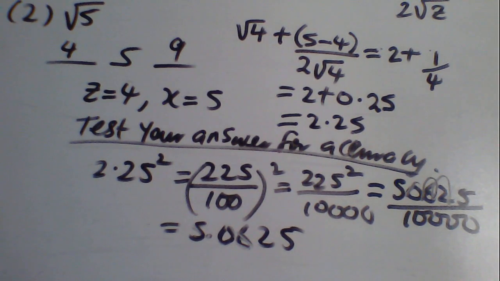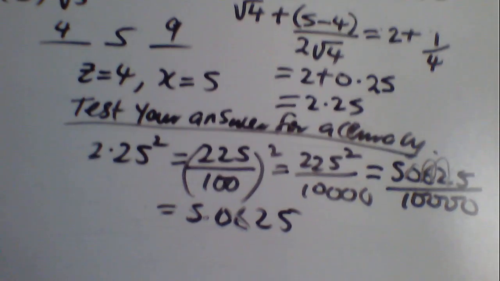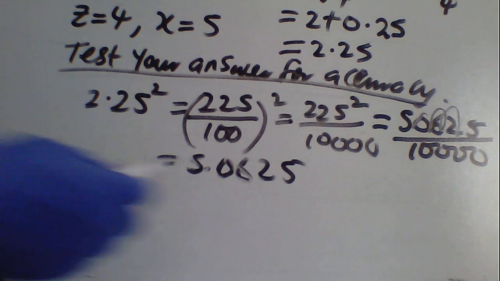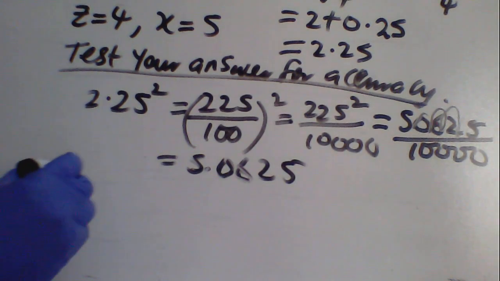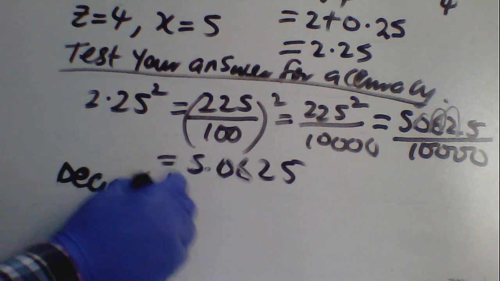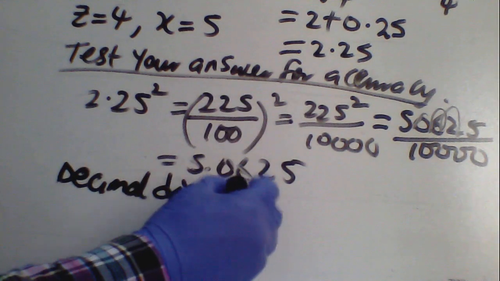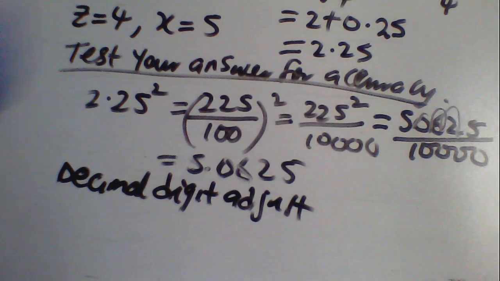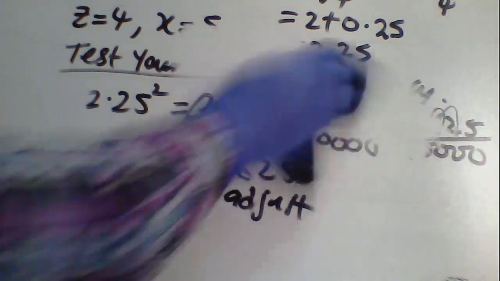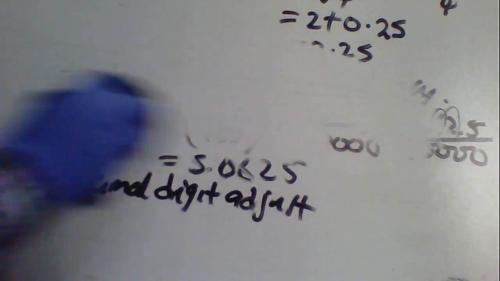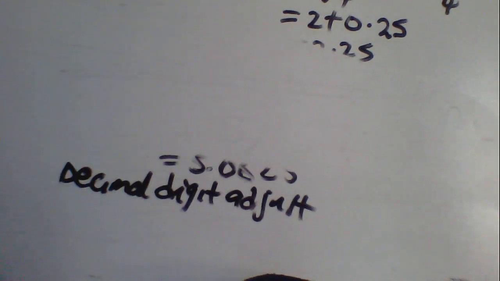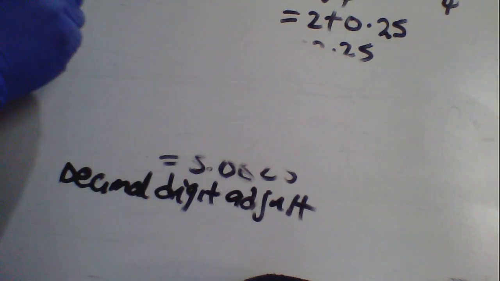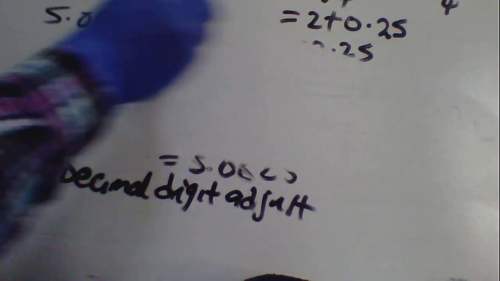To perform a digit adjustment, all you need to do is take the decimal part of the result you got and multiply it by 0.1. Let me bring it up. I can clean here. So what we got is 5.0625. Here we have 2.25.